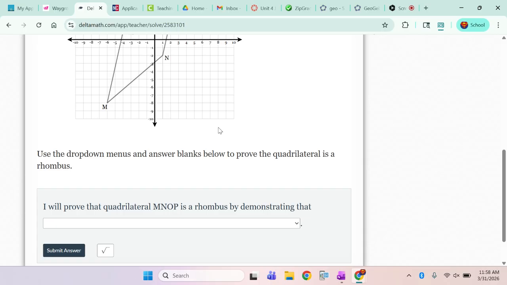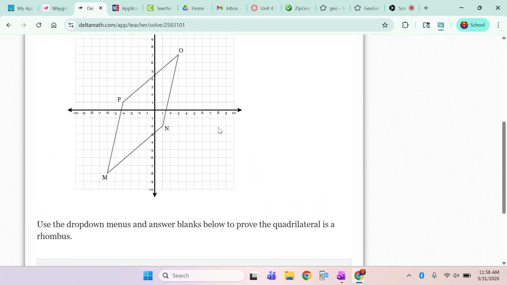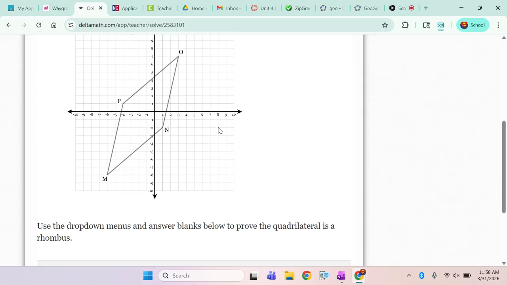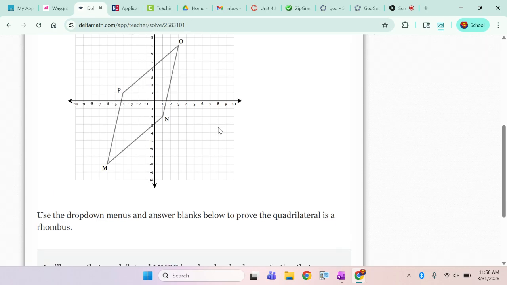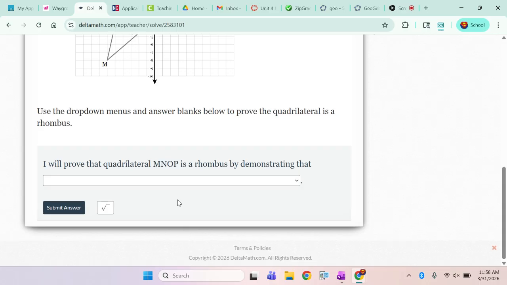The diagonals are perpendicular. That's one way. What else? What's the defining feature of a rhombus? 4 congruent sides. So I will prove that this quadrilateral is a rhombus.